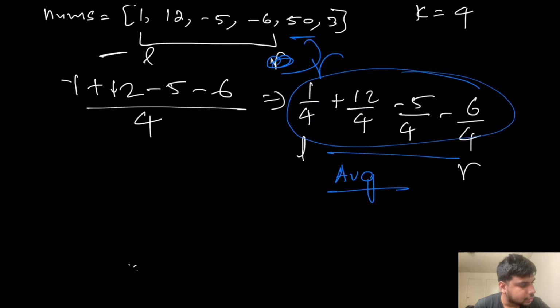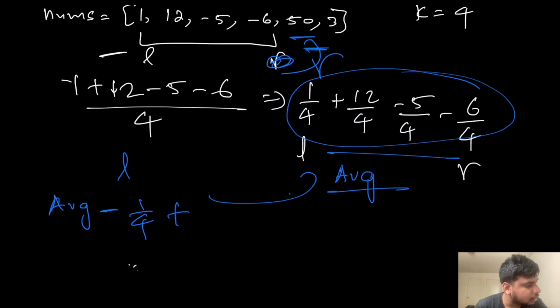Whenever you extend the window, the size of the window increases. Now it's no longer k because your R is here. So in that case, from this average, you can just subtract 1/4, which was the old L value, and add the new value, which is 50, 50/4.